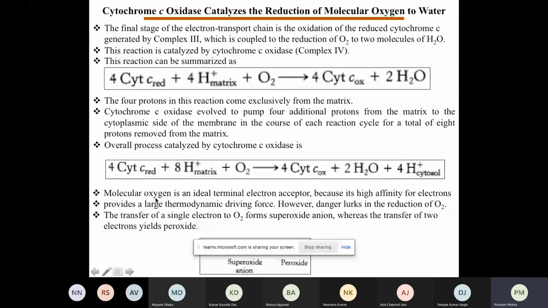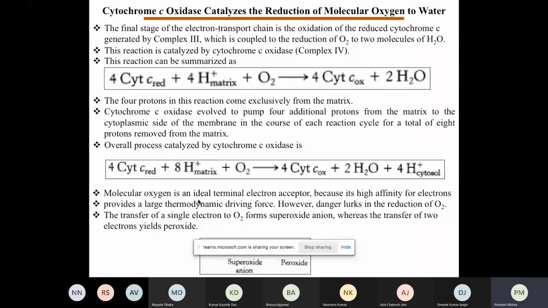So finally, this cytochrome C oxidase will be transferring its electron to molecular oxygen, and you will get a water molecule being formed. So here, the best thing is that you learn that molecular oxygen is an ideal terminal electron acceptor.